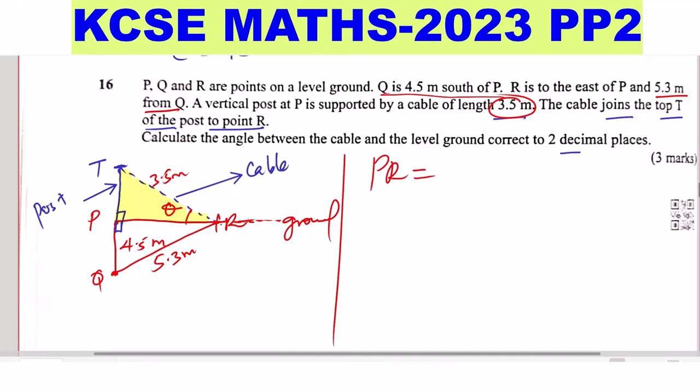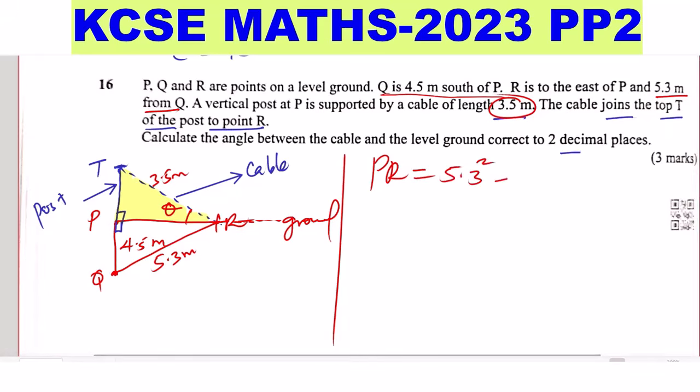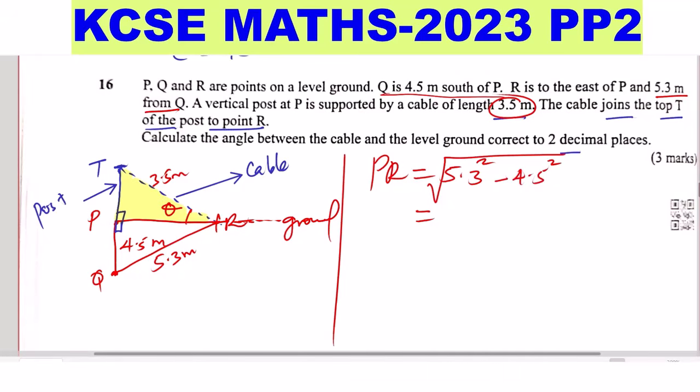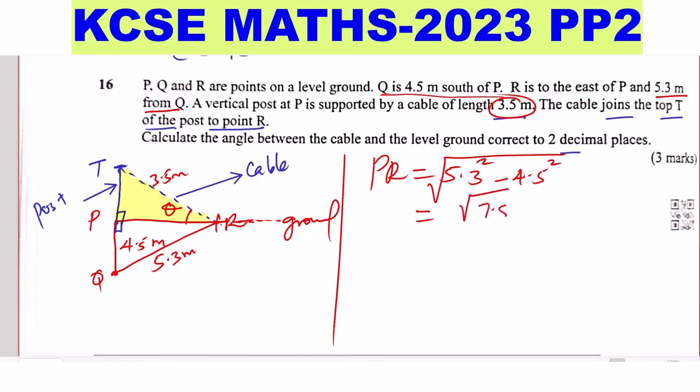So the hypotenuse is 5.3 squared, then minus that height 4.5 squared. So that will give us PR. So this will give the square root of 7.84, and when you get the square root of 7.84, that will give 2.8 meters.